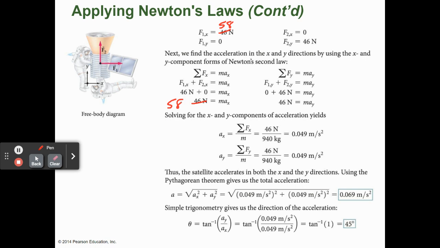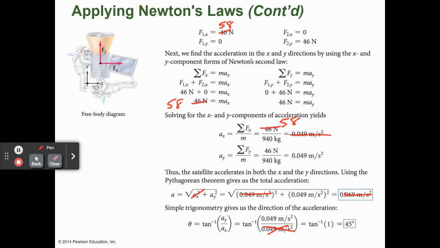Everything else there will stay the same. So this guy is going to be 58, which means that will change. So this will change, this will change, this will change, and that will change. All they're doing is going back through and changing those numbers.